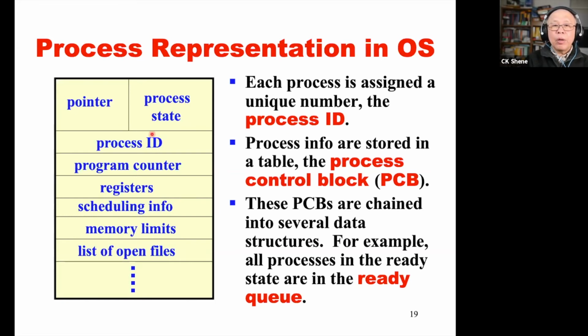And the process ID assigned to that process will be stored here. The program counter: when that process is suspended due to an interrupt or due to having to wait for something, the address of the next instruction to be executed will be stored here, the program counter.